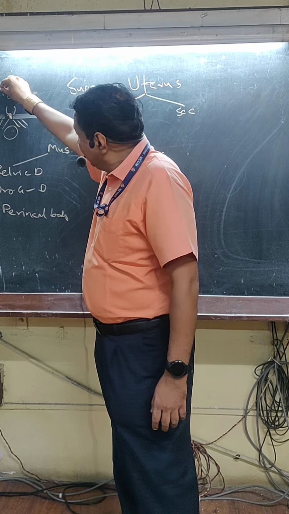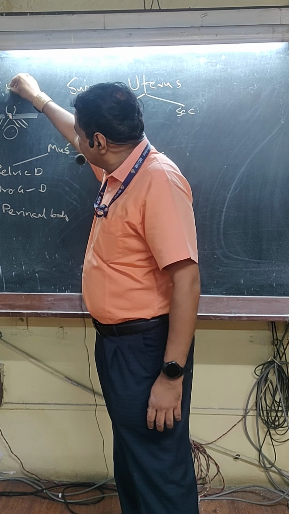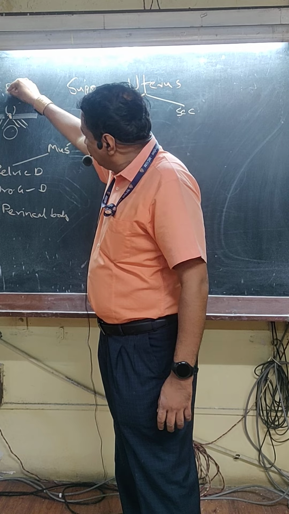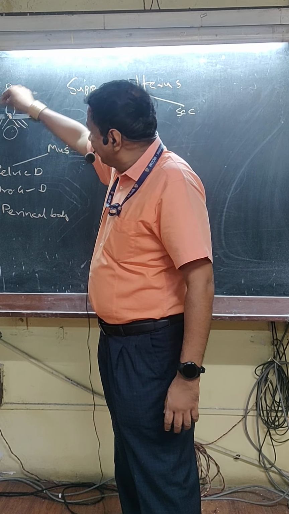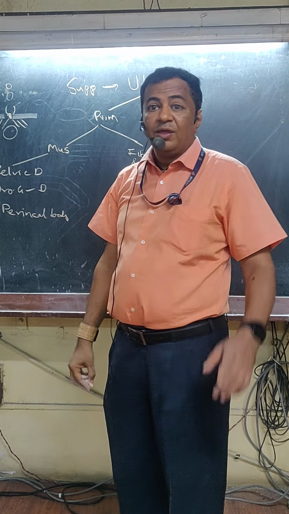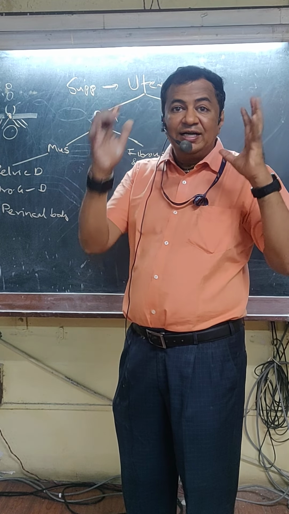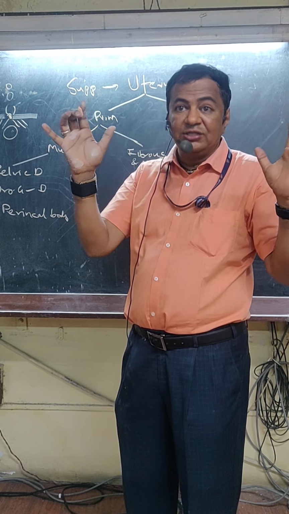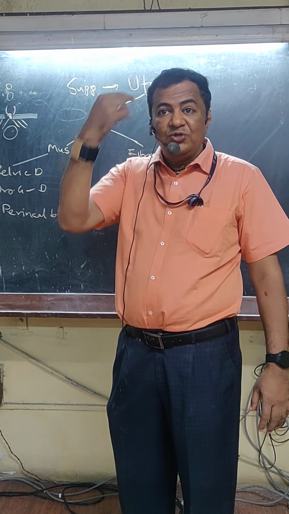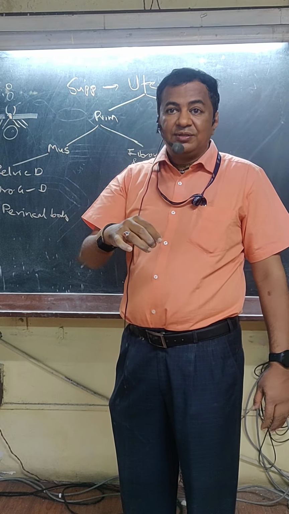Suppose this is the urethral opening and this is vaginal opening. In case of a female, if the child's head is large, they do something called episiotomy so that it can come out.